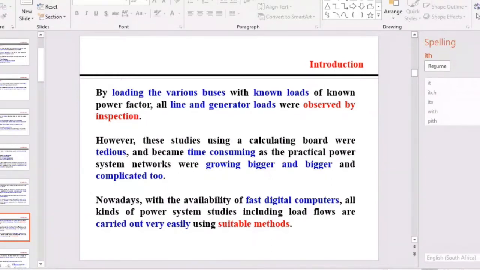We will see what happens as we go from iteration 1 to iteration 2 and iteration 3. It must show us that the active and reactive power, voltage magnitude and phase angle are converging to a very good, acceptable value.